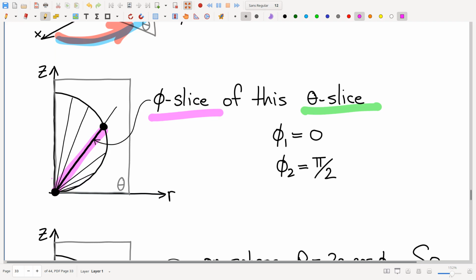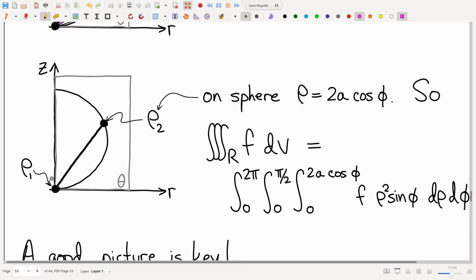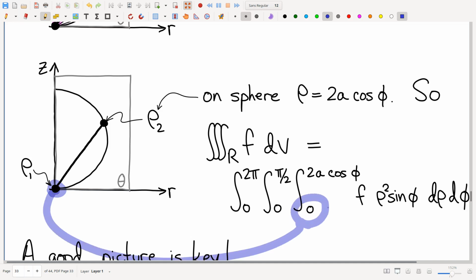And so now a slightly different picture here, looking at my phi slice of my theta slice. There's my first rho point, and that's at the origin, which is where rho equals 0. So kind of a freebie. Nothing to it. Gotta love it when the geometry is convenient.